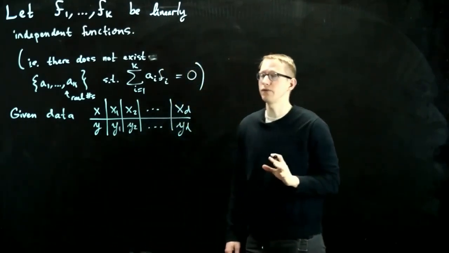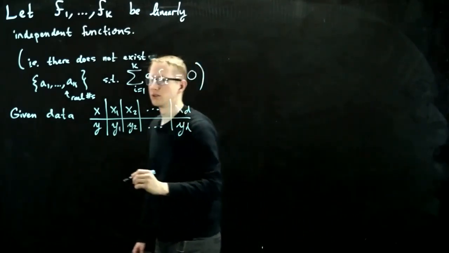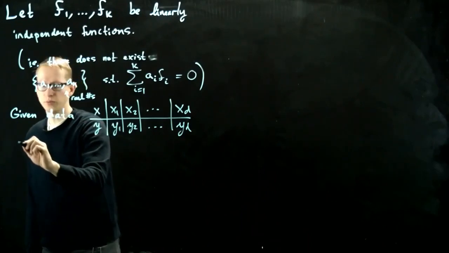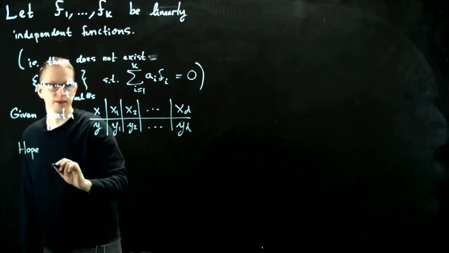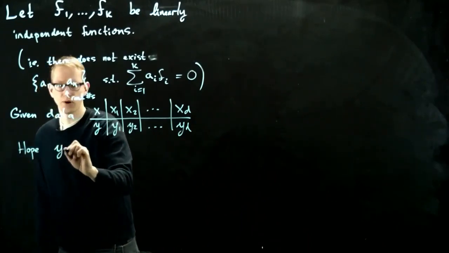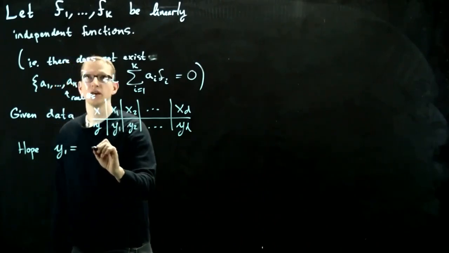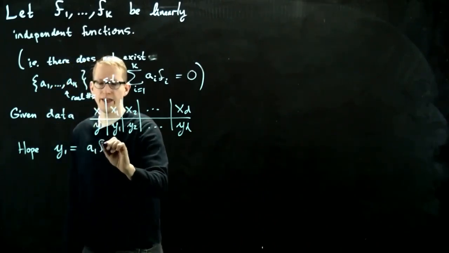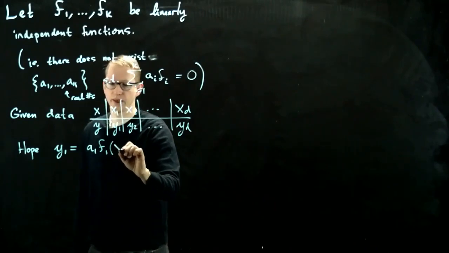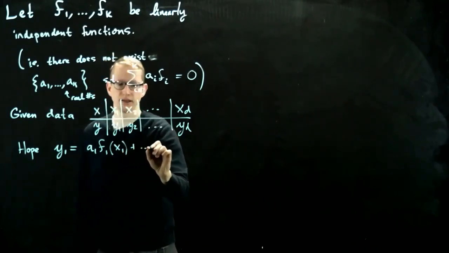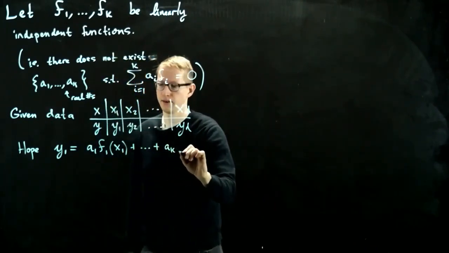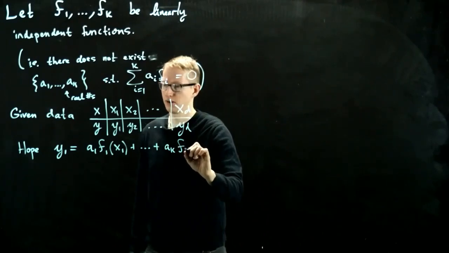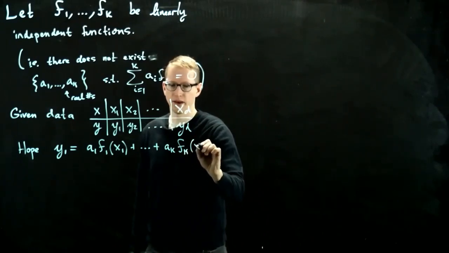And you want to fit these points to these functions. So in other words, your hope is to somehow fit y1 equals a1 f1 of x1 plus dot dot dot ak fk of x1.